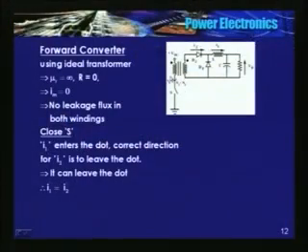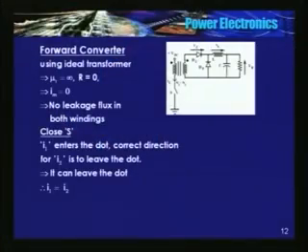See the circuit topology. Close the switch. Current enters the dot. The correct direction for the secondary current is to leave the dot. When primary is carrying current, the correct direction in the secondary is to leave the dot. Current can leave the dot.